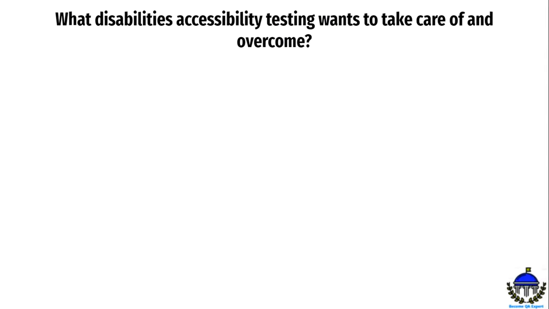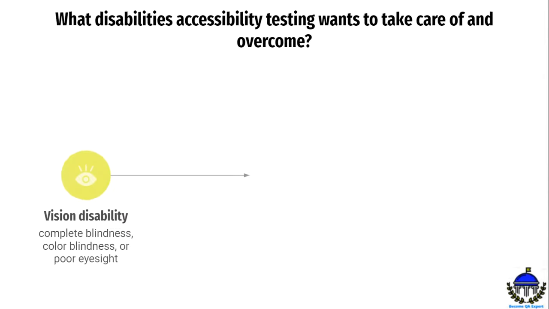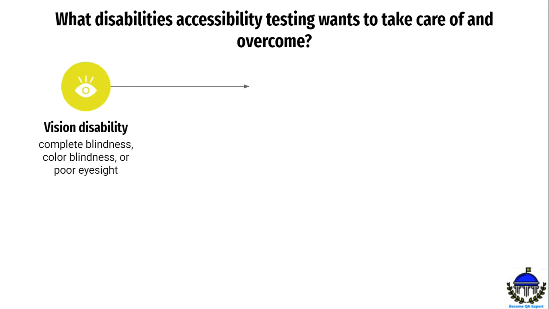So, when we're talking about disabilities, what disabilities does accessibility testing want to take care of and overcome? We have the following. Vision disability, and by that we mean that this method helps to overcome the challenge of complete blindness, color blindness, and poor eyesight, so all levels of this disability.